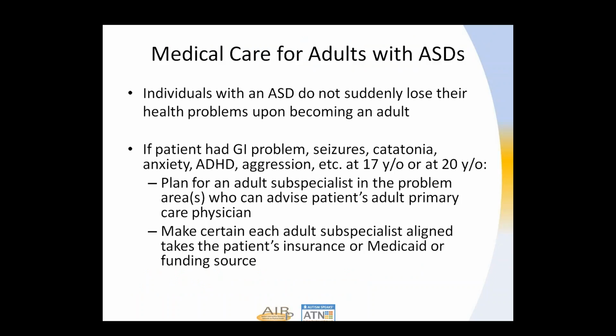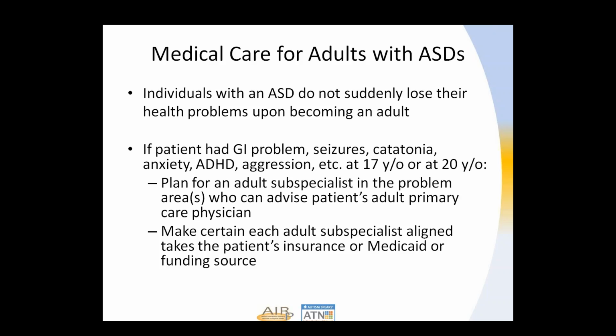Now, I'm a pediatrician, and throughout my presentation, you've heard me refer to patients with autism primarily as children or adolescents. One of the things I think that we tend to overlook is the fact that as our children and adolescents mature into adults, any medical problems they have often continue with them.